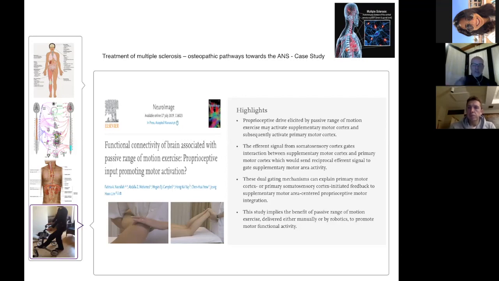This is interesting because there are indications that we're having an influence on the primary motor cortex through that mechanism. So it's nice to see these papers to some degree. I'm not cherry picking them, just being aware of them. This is something Nigel Jones sent to me, fortunately, so I'm very grateful to him for sending me that. It looks at the mechanisms behind our application of osteopathy. So this is one mechanism that's very interesting.